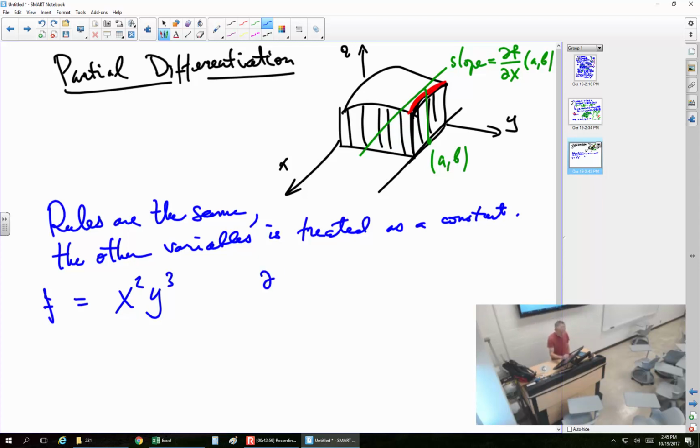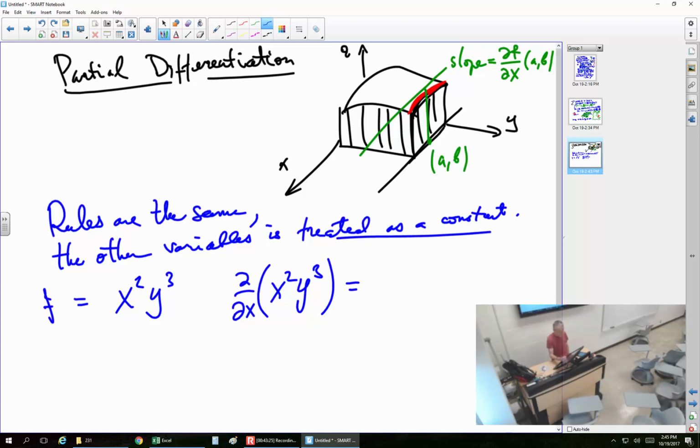So df dx, let me just use parentheses like this. So just df dx of x squared y cubed. Y cubed is a constant. I don't need to use the product rule. There is nothing wrong with the product rule. It will still work, but it is better to treat it as a constant.